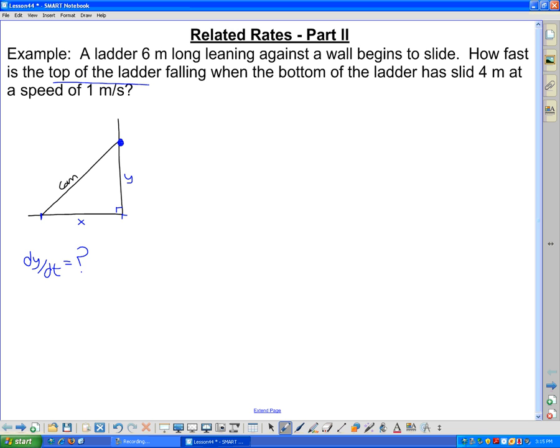We want to know how fast it is decreasing when the bottom of the ladder has slid 4 meters. And we know the speed of the bottom, so dx by dt is 1 meter per second. All right, so there's the information decoded.